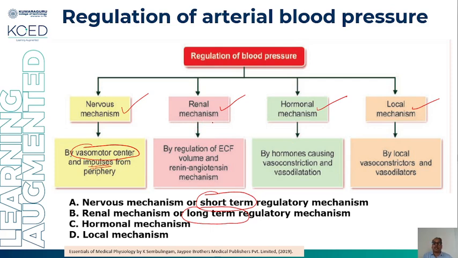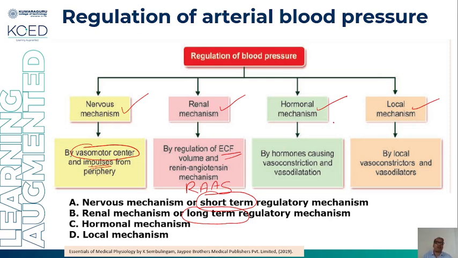In contrast, in the case of the renal mechanism, we are regulating the extracellular fluid, ECF volume, and there is a system termed RAAS, that is the renin angiotensin aldosterone system. This mechanism plays a major role in controlling the blood pressure.